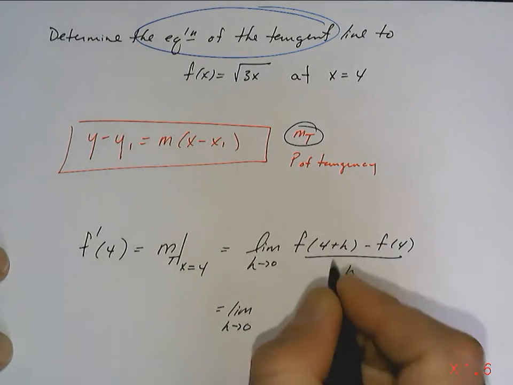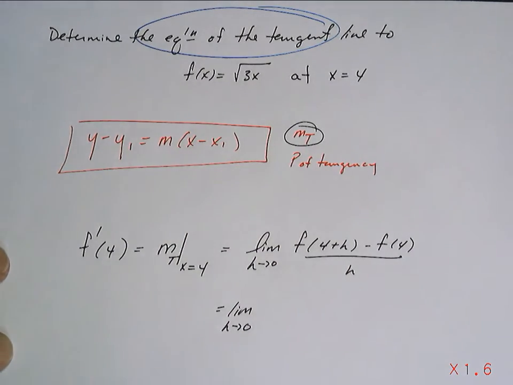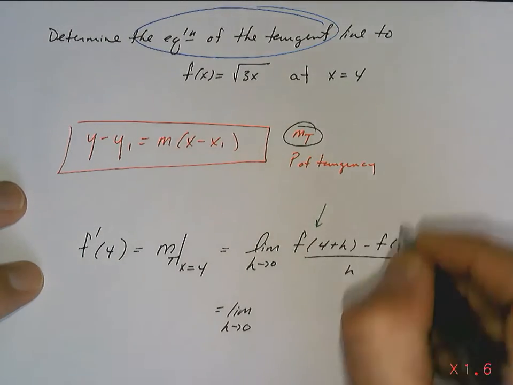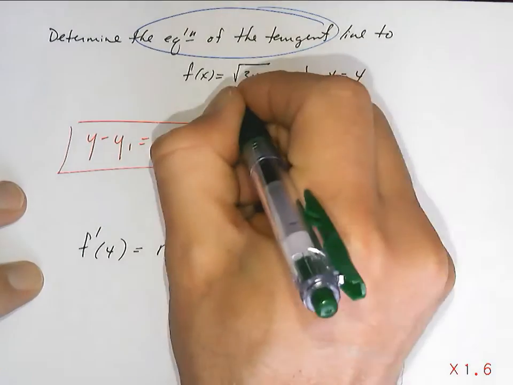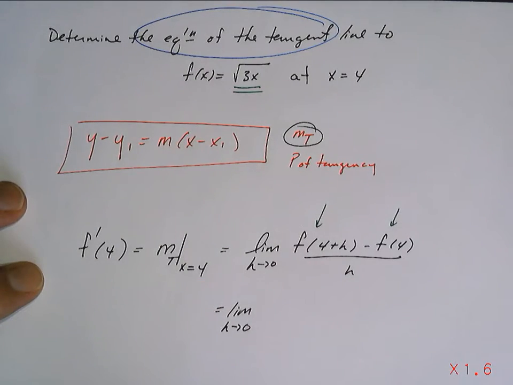Let us keep working on this until it's no longer 0 over 0. That's the deal. Someone came up to me, actually the same young man, and said, "How do I know when I'm done?" You just keep going until you get rid of 0 over 0. So right now, my function f is root 3x.